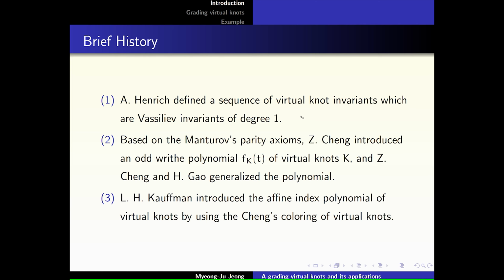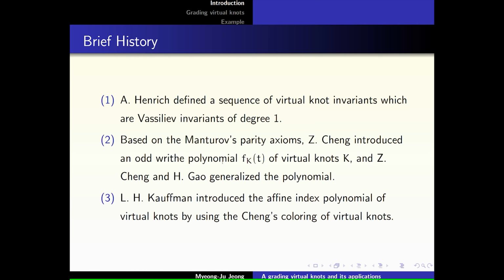In particular, a polynomial invariant of virtual knots was introduced, and then there appear many generalizations of Henrich's result. In particular, Cheng introduced an odd writhe polynomial by using Manturov's parity axiom, and Cheng and Gao generalized the odd writhe polynomial.